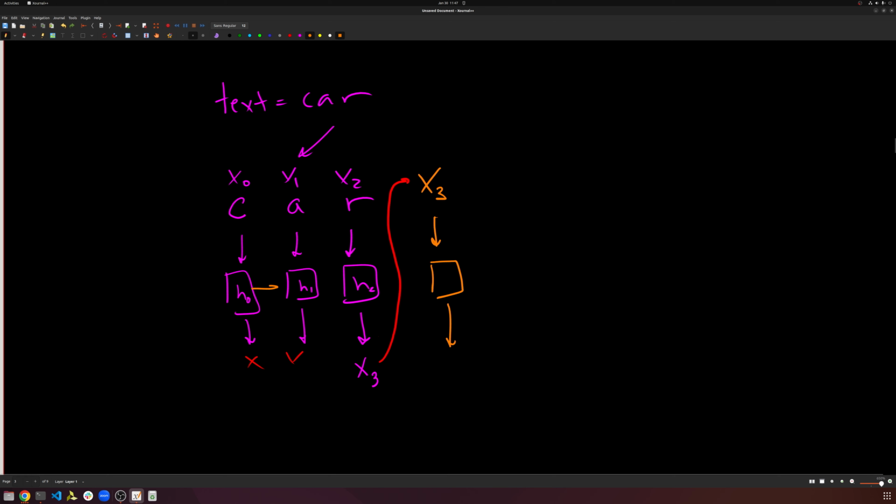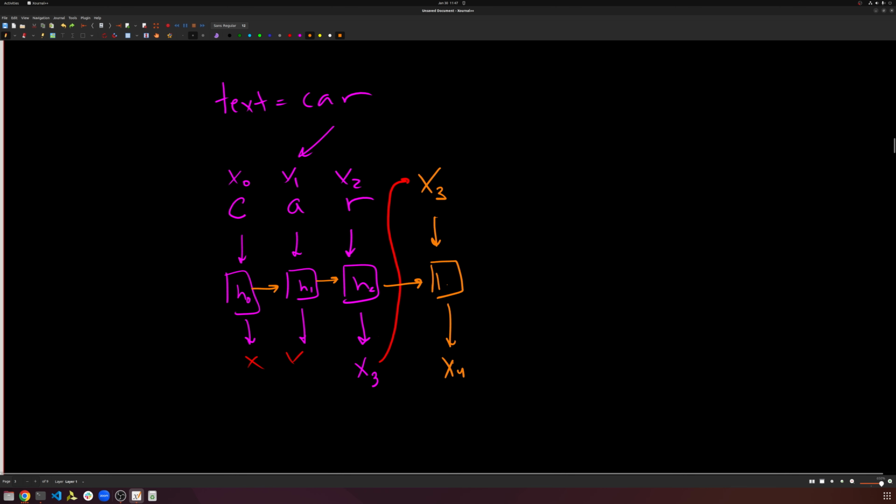And obviously there are these connections as well that I forgot to draw. And we want to predict X4. And this is the crucial part. In the very first iteration, we will pass in all of the tokens, but just grab the final hidden state and predict what it should be. We'll grab the final hidden state, H2, and predict what it will be.